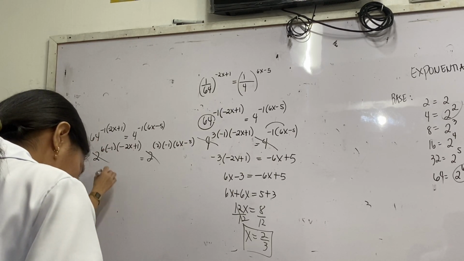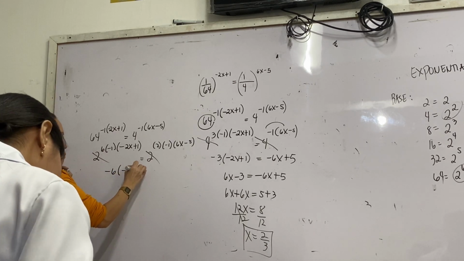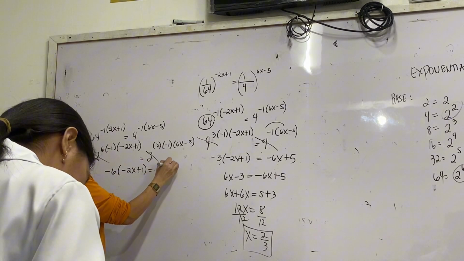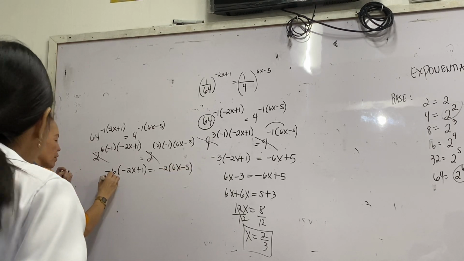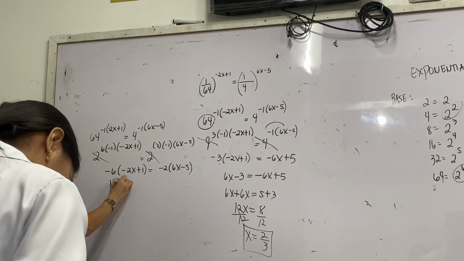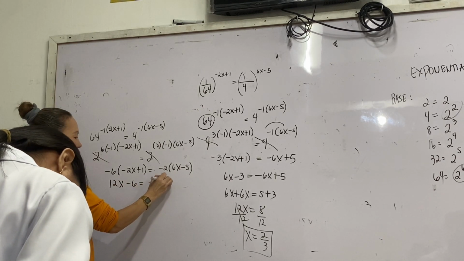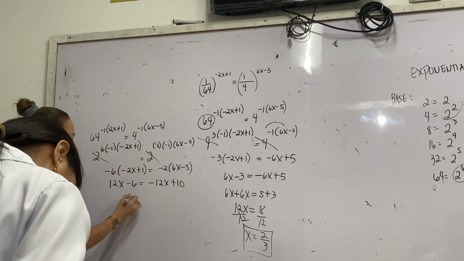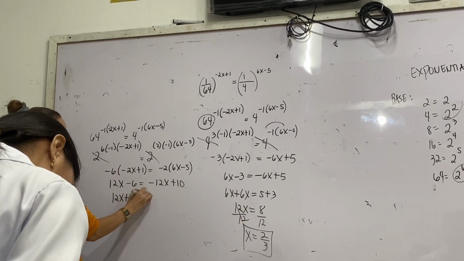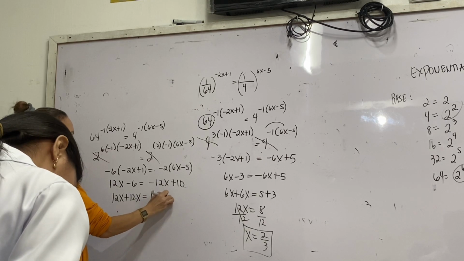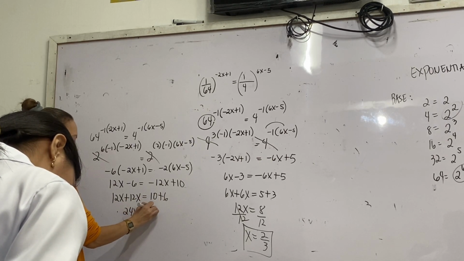So we have negative 6 times negative 2x plus 1, negative 2 times 6x minus 5. So we have 12x minus 6 is equal to negative 12x plus 10. So 12x plus 12x is equal to 10 plus 6. So we have 24x is 16.